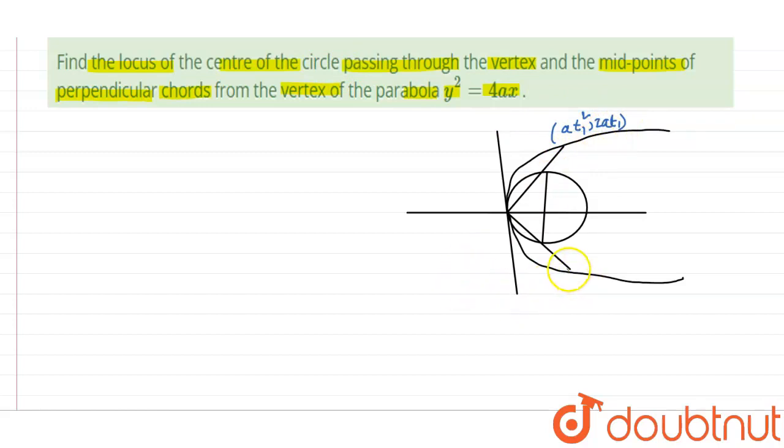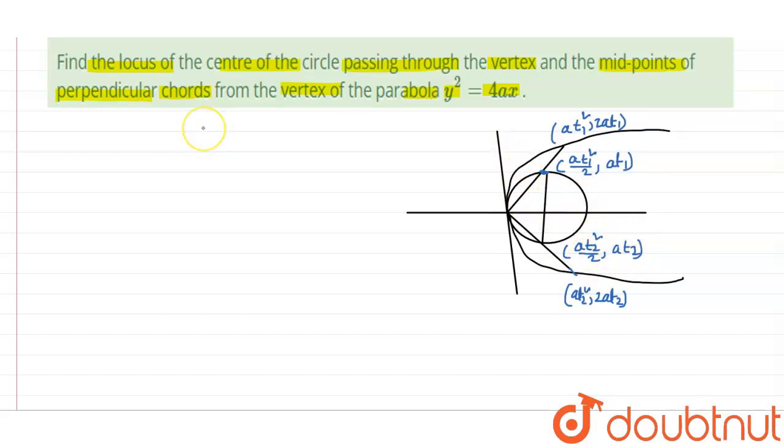Similarly, where it touches, this is (at2 square, 2at2). And the midpoints are (at1 square by 2, at1) and (at2 square by 2, at2).